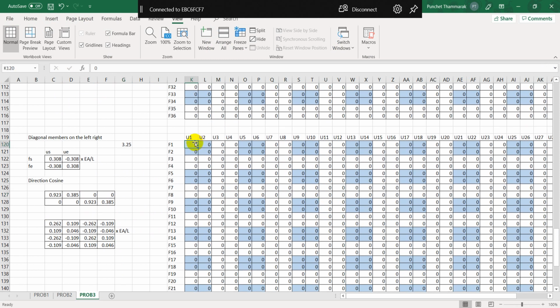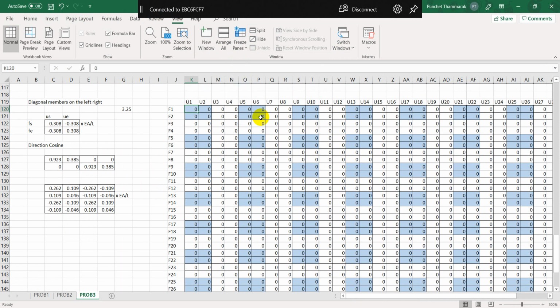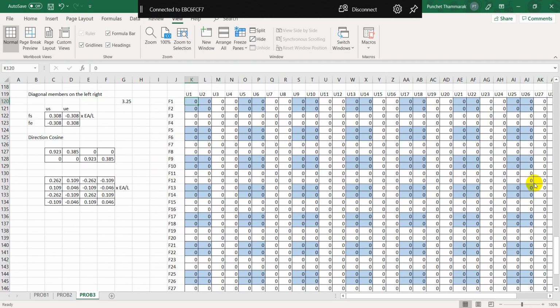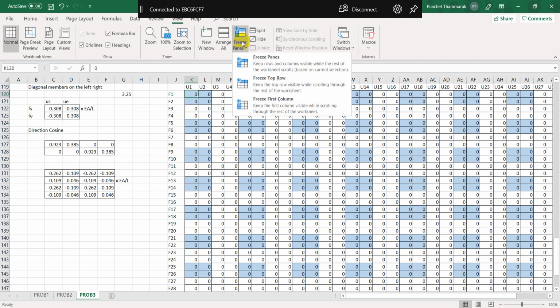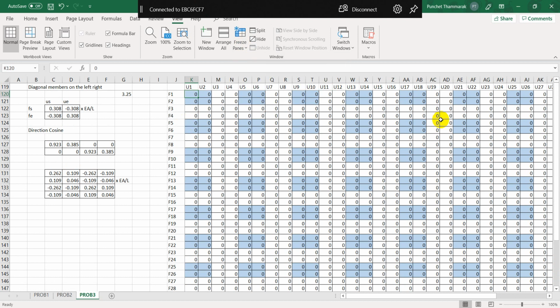19, 20. I'll freeze paint here. View freeze paint. 19. No. Unfreeze paint first. Okay. 19, 20 is here, and then 21, 22, right? This is equal to this.